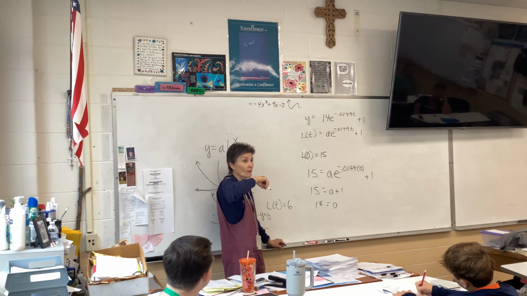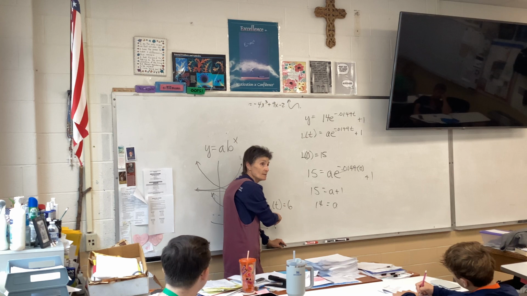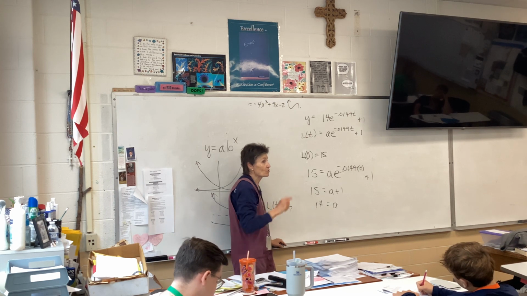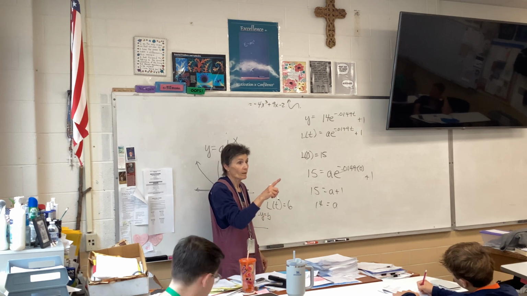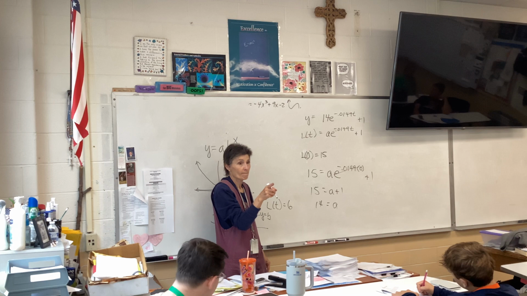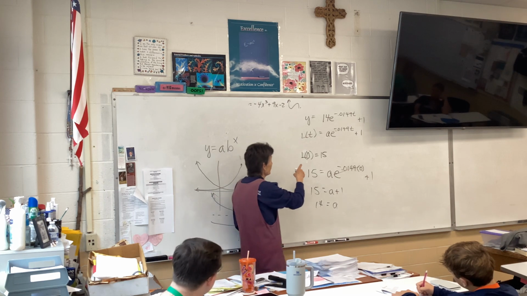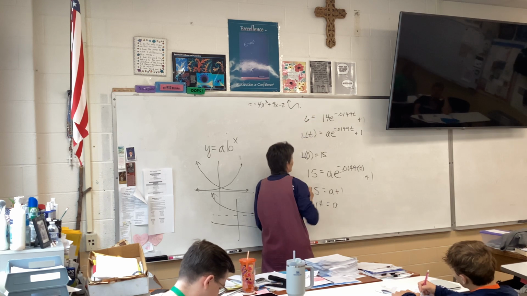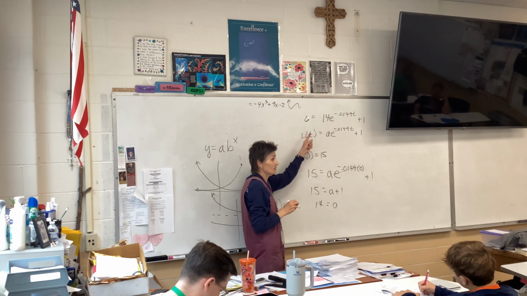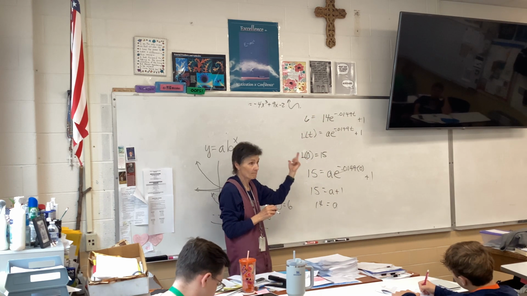And you want to know where it equals 6? So I would just graph them both and see where they cross. What? Did I make a mistake? You could also solve this. Just put a 6 here. Subtract 1, divide by 14, ln both sides.